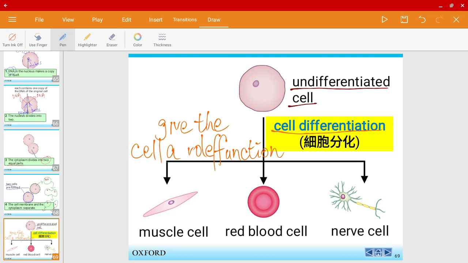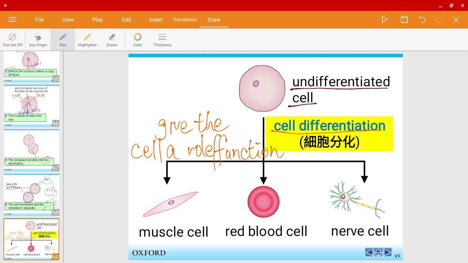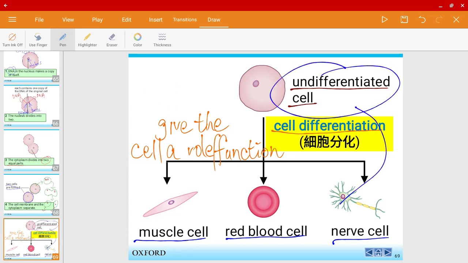For example, this cell over here, it could either become a muscle cell, or it could become a red blood cell, or it could even become a nerve cell. So cell differentiation is the process of giving an undifferentiated cell a particular role.